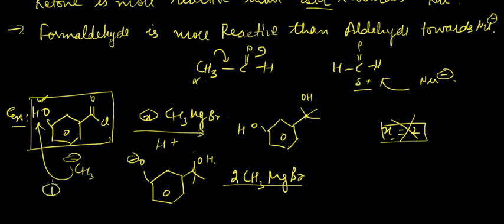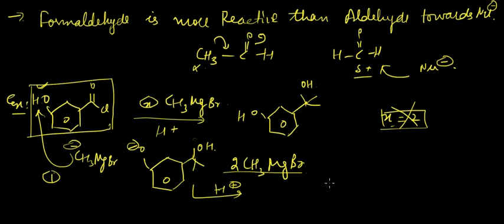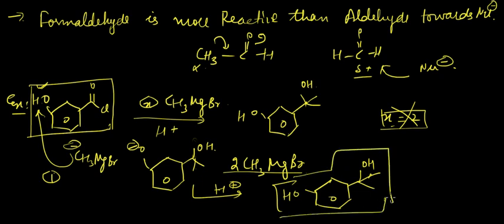So 1 mole was used here. Due to the presence of acidic medium, it will again capture OH here. After this we remove CH3MgBr from the reaction itself, so that no further attack of CH3MgBr goes on either this hydrogen or this hydrogen. So the correct answer would be x equals 3.